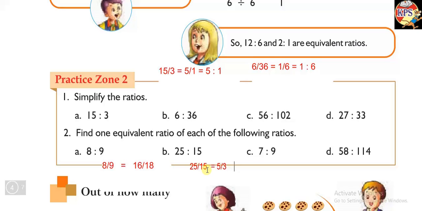Now we can write it like 5:3. So this is simple. These are the equivalent ratios, so you have to write one equivalent ratio. This is how you can find the equivalent ratio. This is our second topic, and after completing this practice zone, we'll solve our next practice zone.